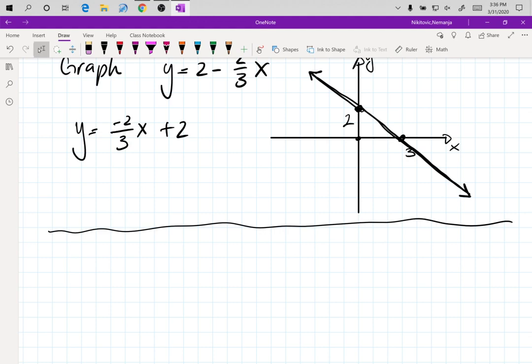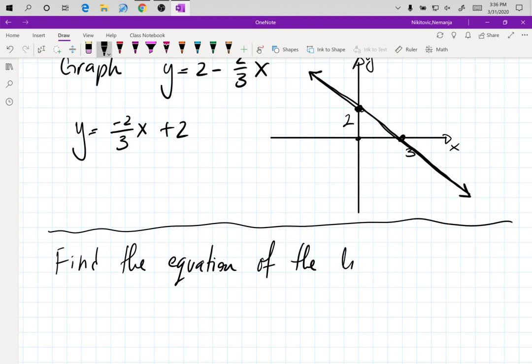Another problem that usually makes issues for students is the one when you are given 2 points and you are supposed to find the equation of the line. So find the equation of the line given, let's say, -3, 4, and 1 and 6.